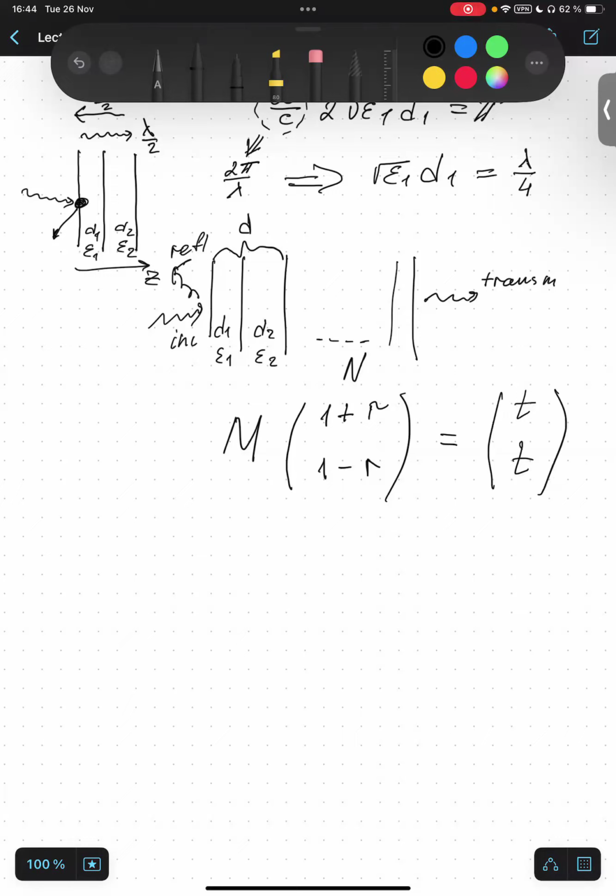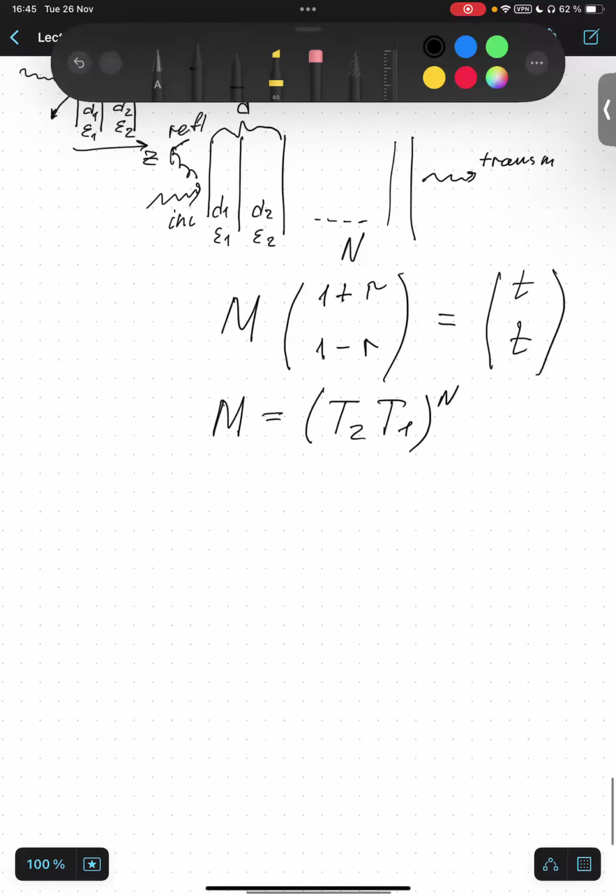And in this case, as I already mentioned, M is a matrix multiplication of transfer matrices of different layers.